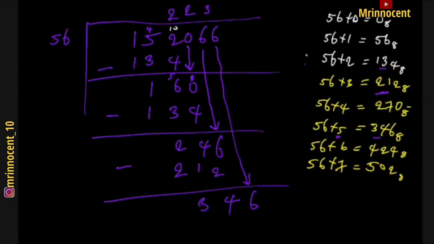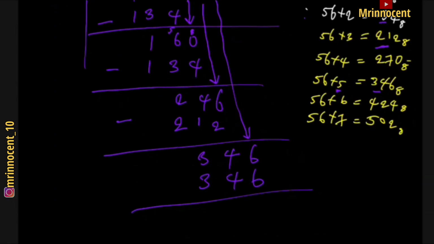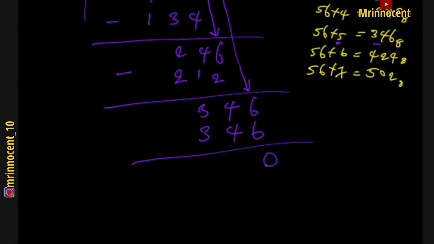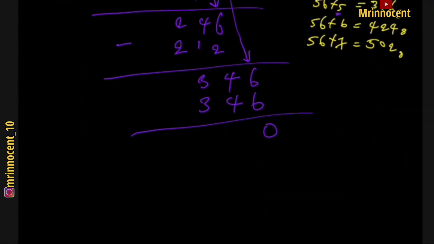So your answer is 5. 5 times 56, you have 346. So when you subtract this one, you have 0. So therefore your answer is 2, 2, 3, 5 in base 8.